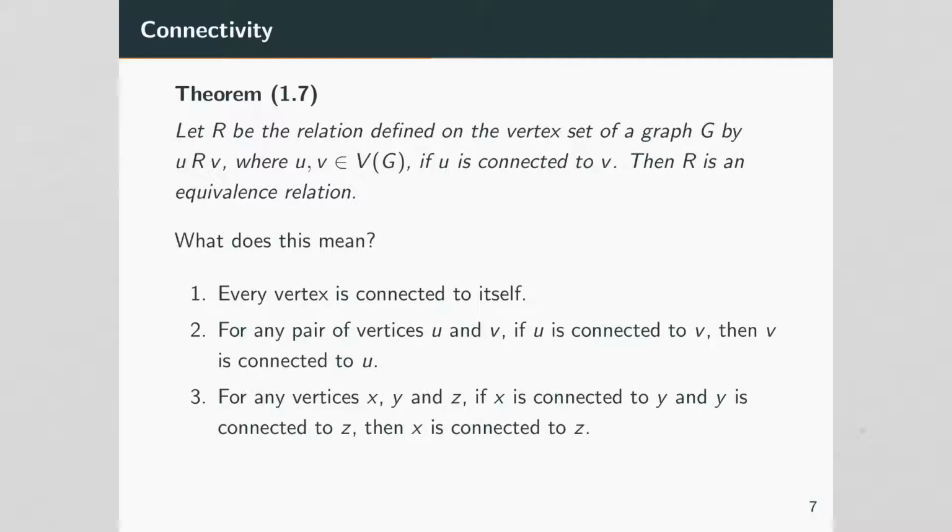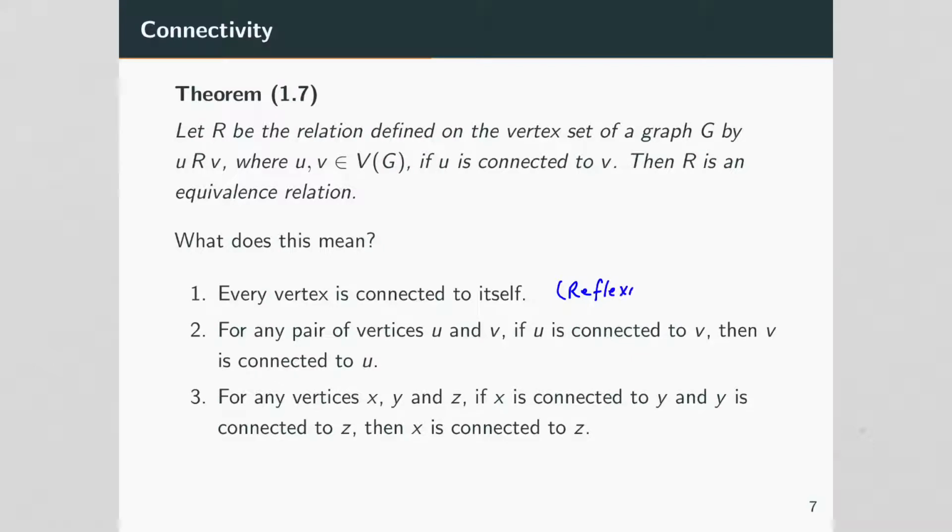The first is that every vertex is connected to itself. That's what's called a reflexive property, that an element is related to itself. If we define a relation as being vertices connected to each other, the reflexive property is just referring to being connected to yourself.